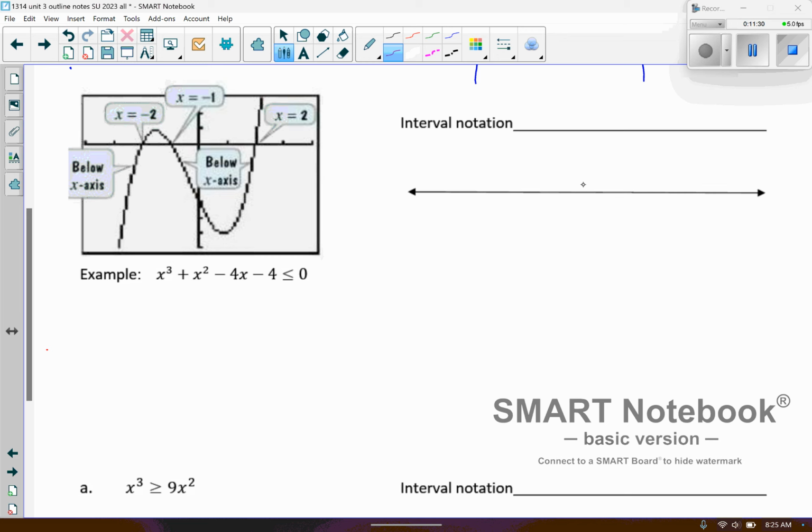And so on this one, we would have to factor this. There's 4 terms, so maybe we can do factor by grouping. On the first set, we can pull out an x squared, and that would leave us with x plus 1. On the second set, we're going to pull out a -4, which would leave us with a positive x plus 1, which is good, because then we have that match that we can factor out.